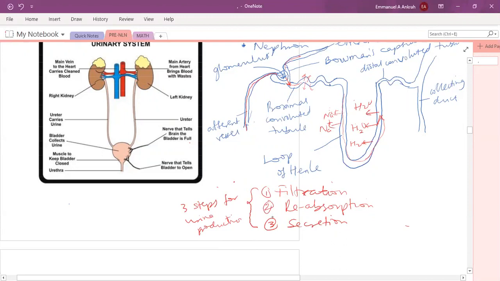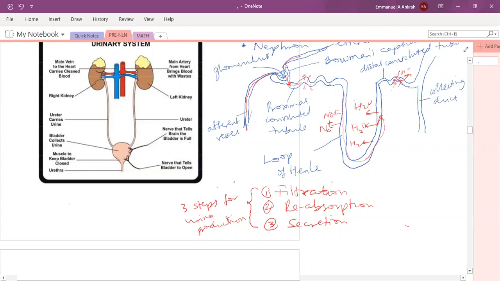Okay, so the secretion involves, let's say if there's too much acid in the body, then you have to push the hydrogen ions back into the tubule to be passed out in the urine. If it's too low, it will be absorbed. If the body is too alkaline, then you have to push out, let's say, sodium and other things to push in, and so on.